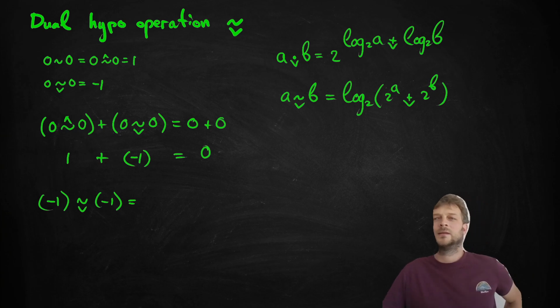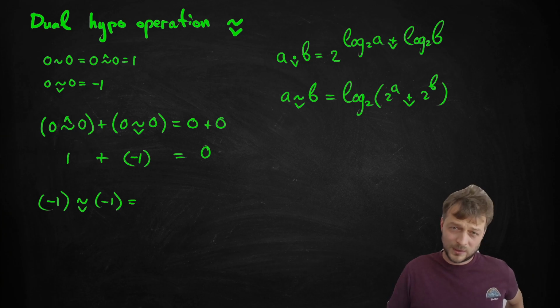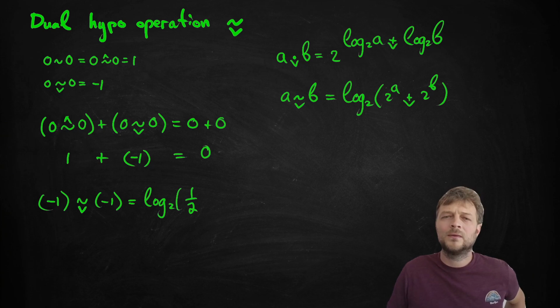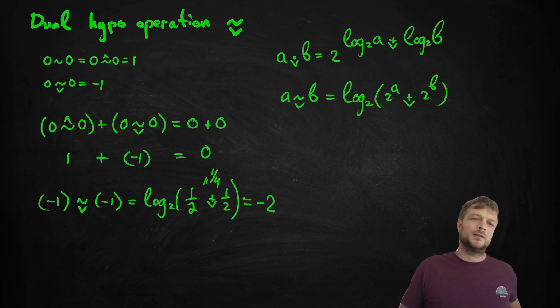Okay, that's the same thing that we did in the past. So in this case, minus 1 tilde dual minus 1 will be equal to log base 2 of 1/2 plus 1/2. So we add denominators and share a numerator. It's 1/4 here. So it's minus 2 as the result.